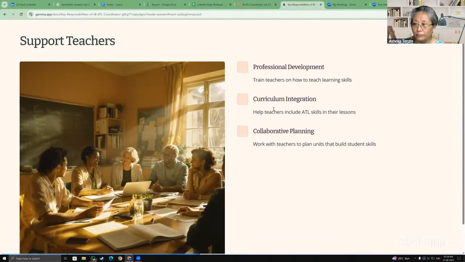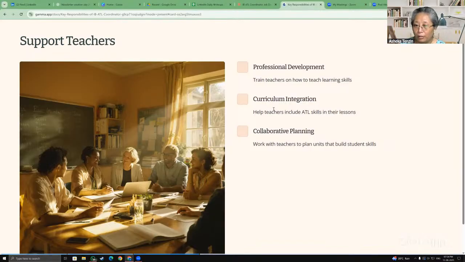Now, you also need to support your teachers. Okay, so how can you support your teachers? The very first thing is to help them through professional development. You will have to train your teachers on how to teach learning skills. Okay, so it is very important that you are aware about all the resources, or you have a network of people who know how to teach these skills, so that you can help your teachers in developing further in teaching the ATL skills.